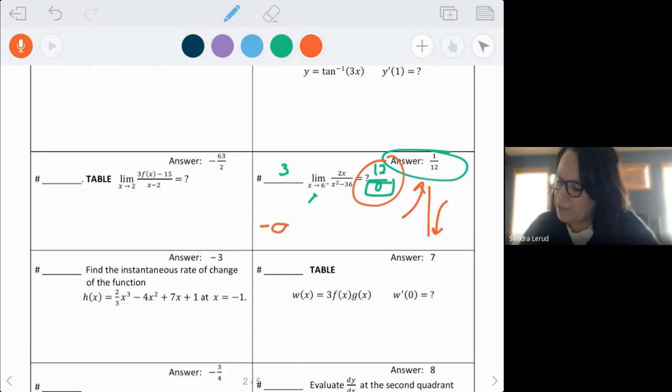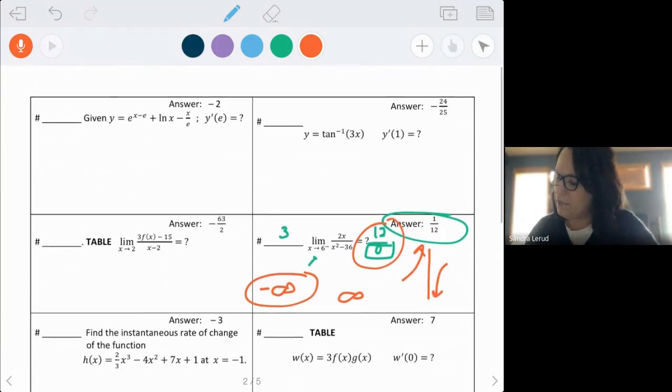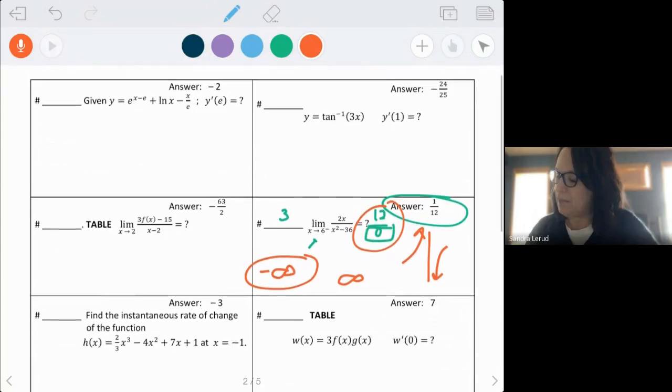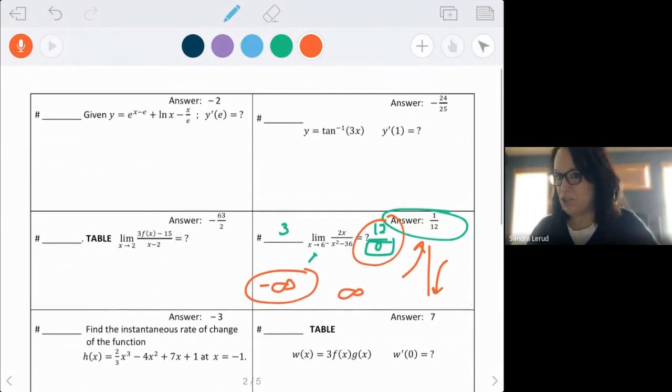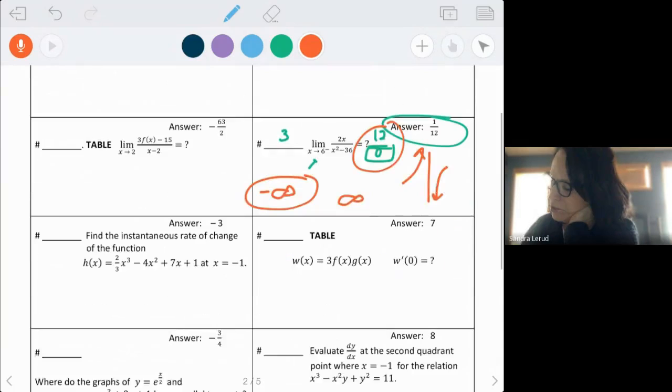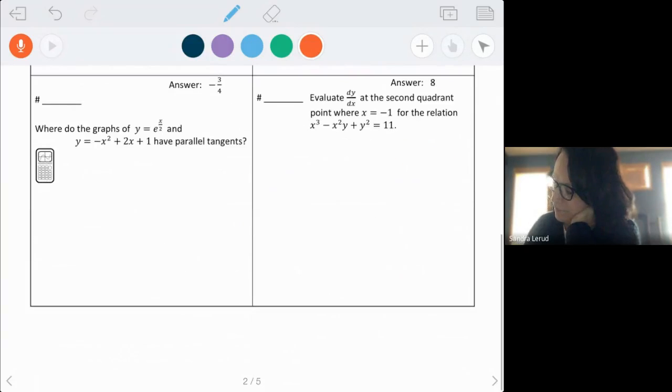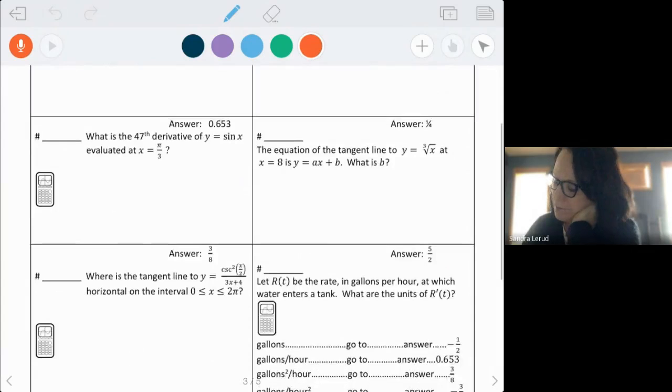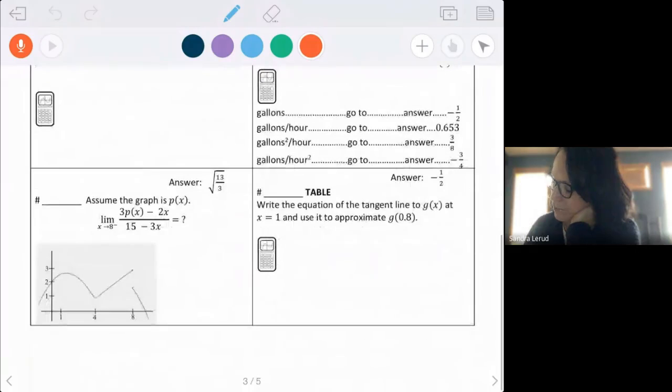If it's positive, we'll go to positive infinity. Again, you need to show the work for that. This one ended up being negative on the bottom and positive on the top when we approach 6 from the left-hand side, or like 5.999. So let's go find our negative infinity. And that will be our number 4.